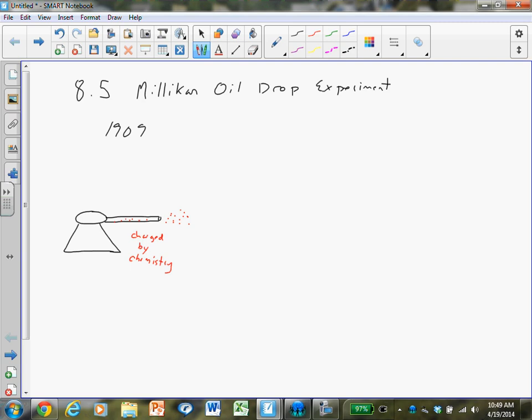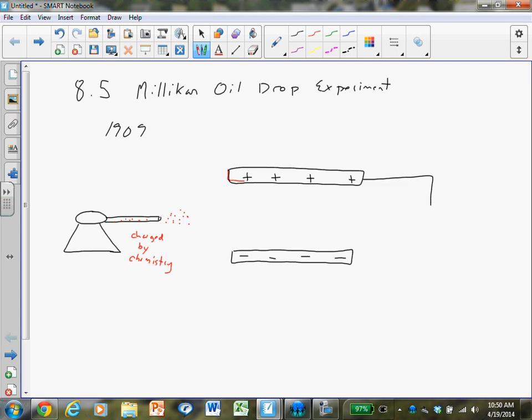And what they did with these was take them and put them in a uniform electrical field, between two charged plates, hooked up to a battery of known voltage.